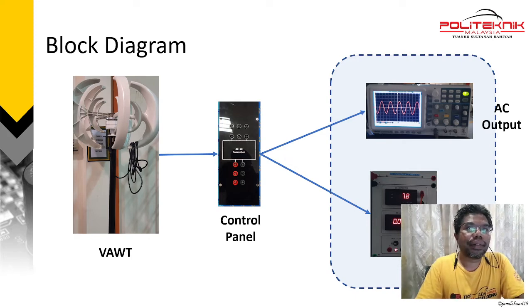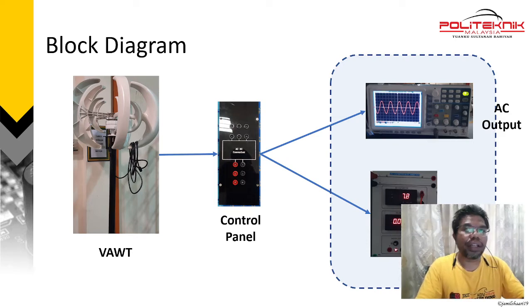So in this diagram, we can integrate it with existing equipment such as an oscilloscope for the AC signal, and then we can measure the DC signal with an ammeter and voltmeter.